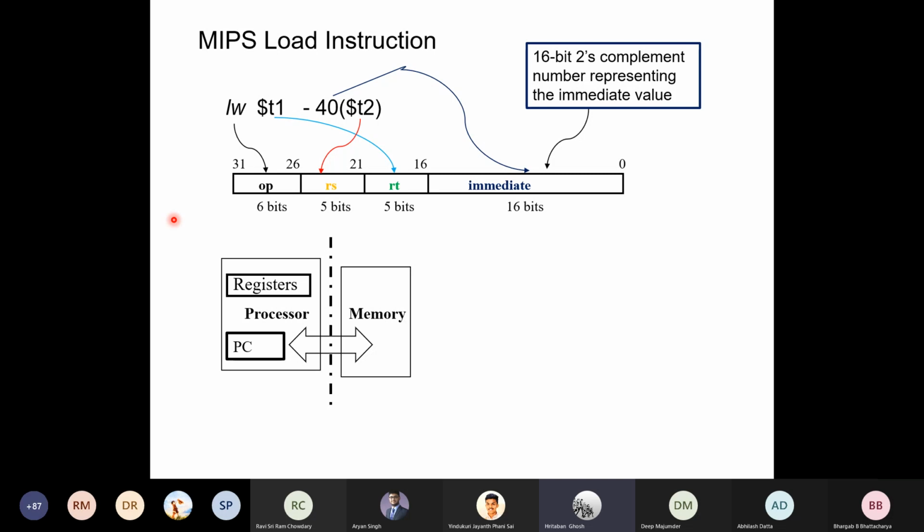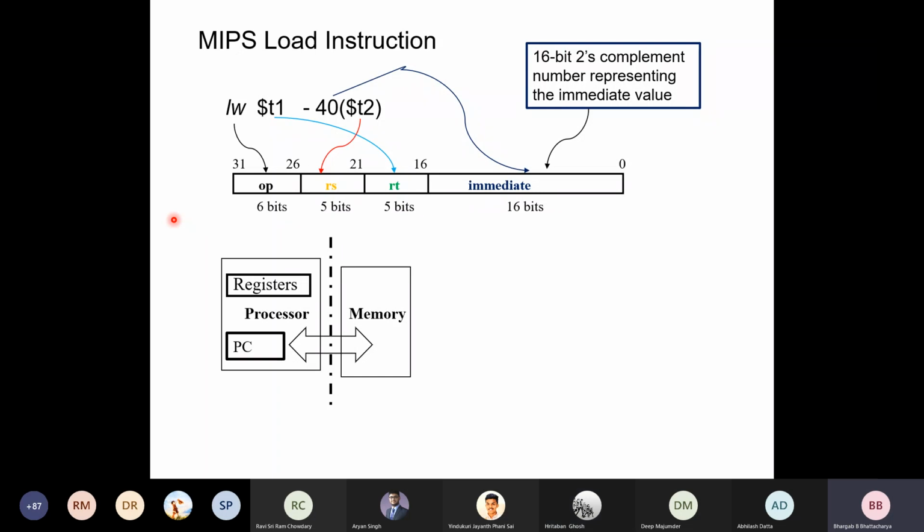The address stored in T2 minus 40 will be loaded into the program counter and the memory will be fetched. Then the instruction execution cycle will be performed, where the data stored in that particular address location will be stored in T1, and that's it. But yes, you said it correctly.